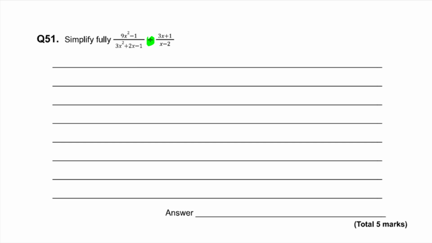So, first fraction, difference of two squares on the top, that's going to factorize into two brackets. I've got a quadratic underneath that hopefully factorizes into two brackets. I'm going to change the divide into a times, and I'm going to flip those two factors in the last fraction over, like that. And then again, hopefully I've got some bits that cancel further down the line.